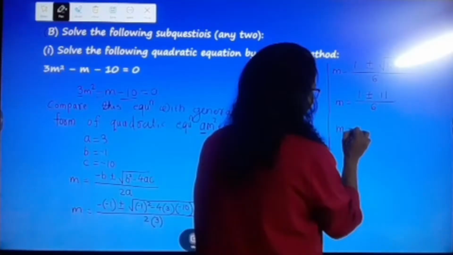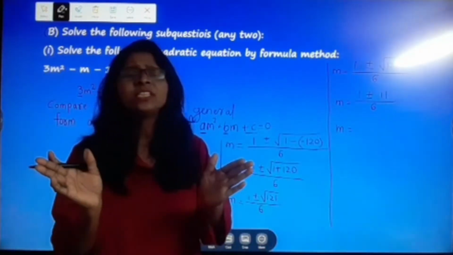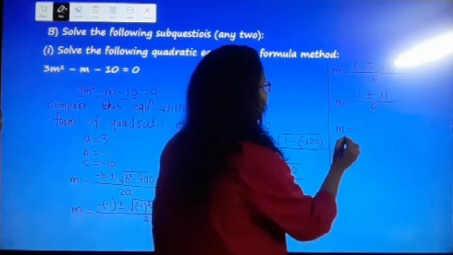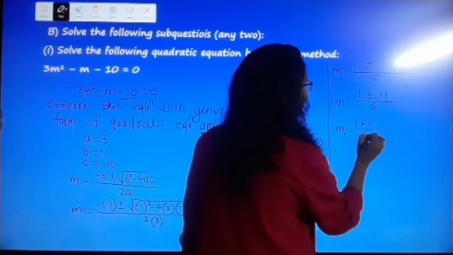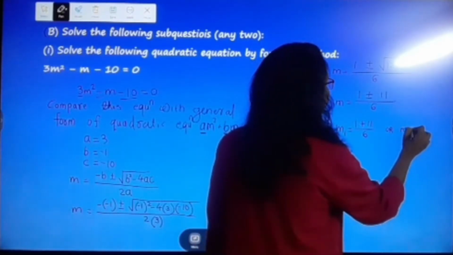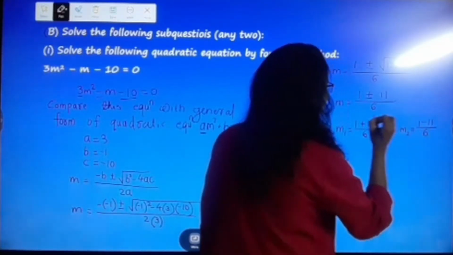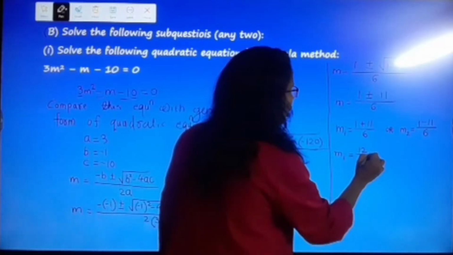So here m is equal to, now here I bifurcate this step. Okay, so such a way that m1 is equal to 1 plus 11 upon 6, and here students I write down m2 is equal to 1 minus 11 upon 6. So here students m1 is equal to 12 upon 6.